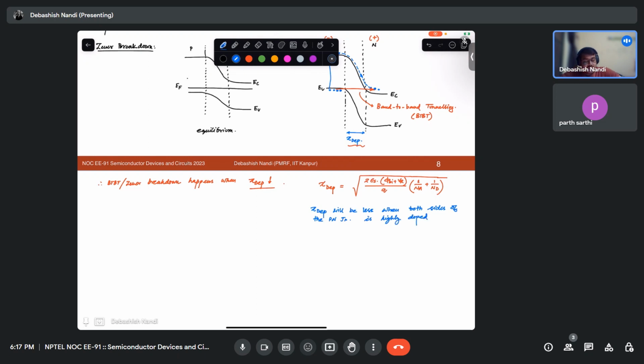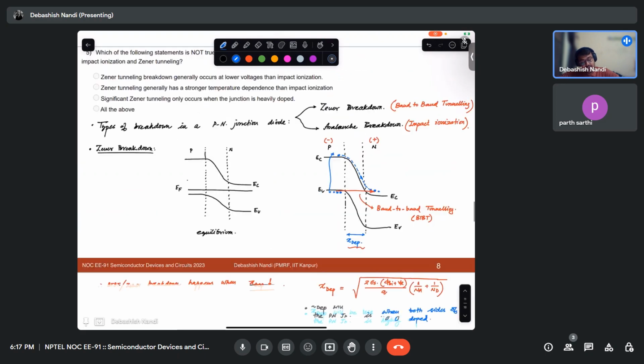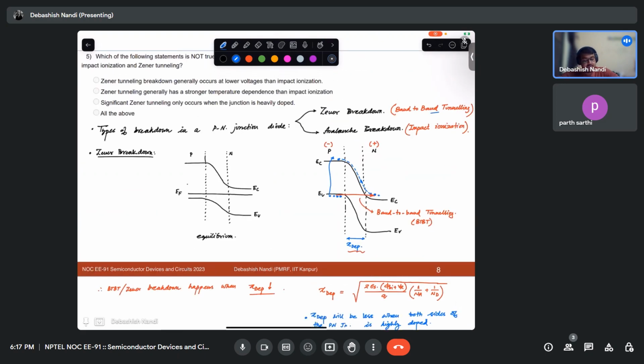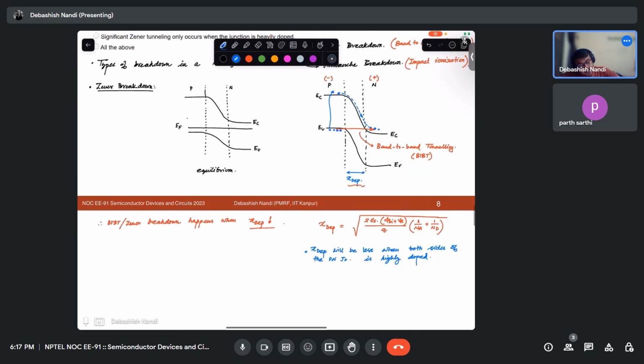Okay, so this kind of question will come in your GATE exam also, but then you have to use logic. First thing, Zener breakdown happens due to tunneling through the depletion width. Depletion width will be lesser. I know that you have the understanding that lesser width will give me better tunneling, right?